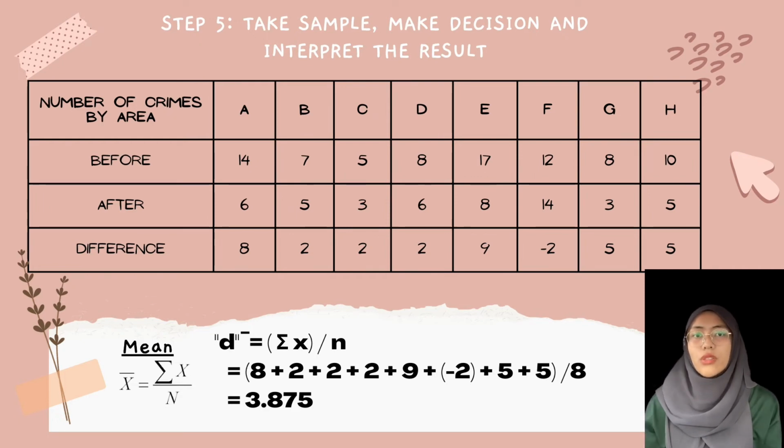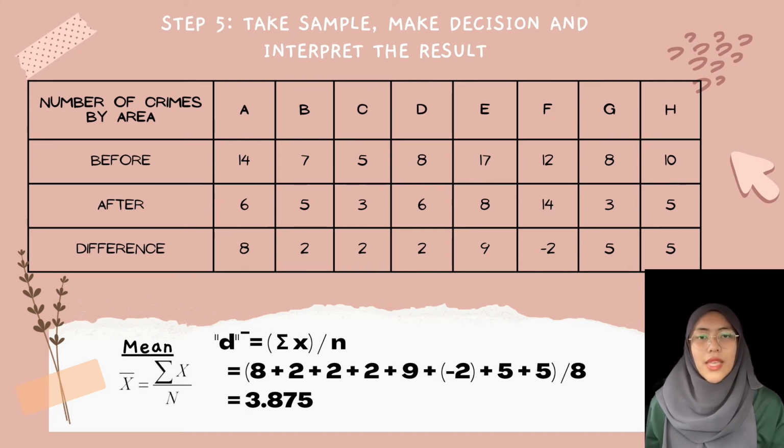First of all, we will use the table given in the question to find the difference in the number of crimes by area A to H. We will use the number of crimes before minus the number of crimes after to get the difference. Then we will get the difference in the number of crimes by area between before and after in areas A to H as stated in the table. After that, we need to find the mean for the differences.